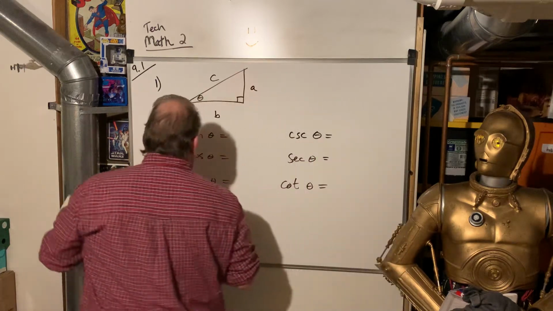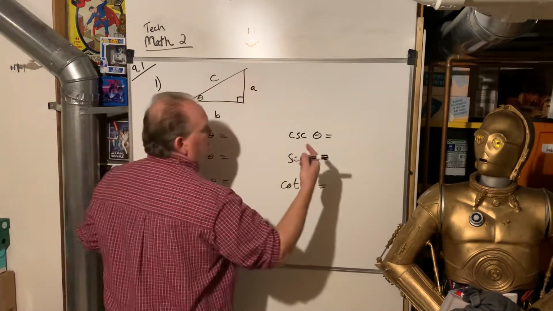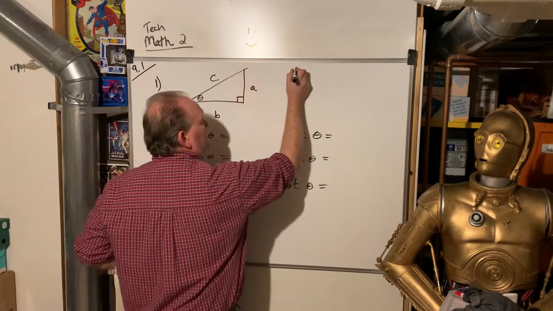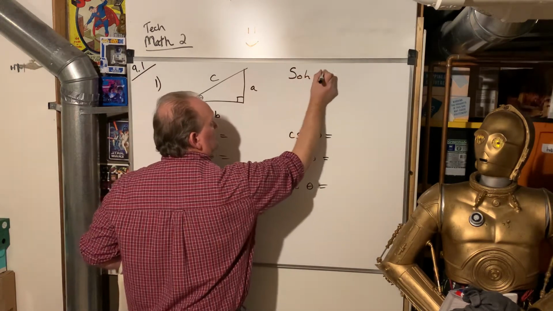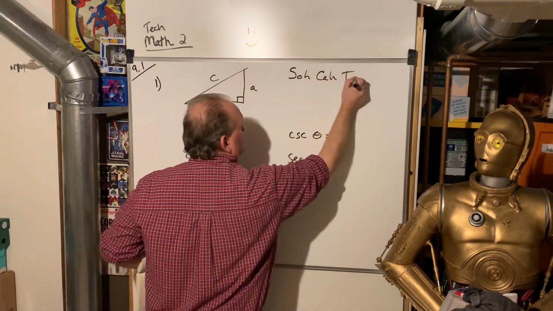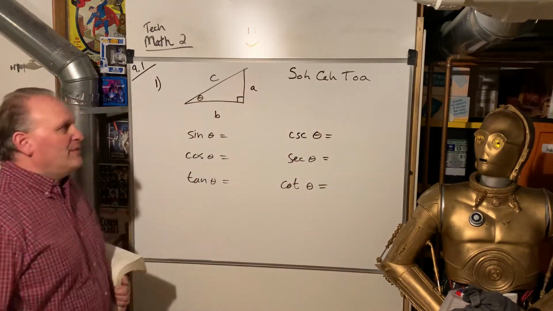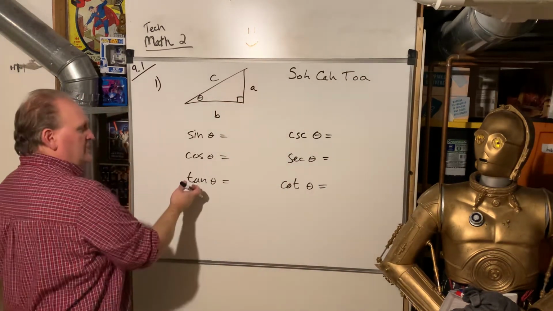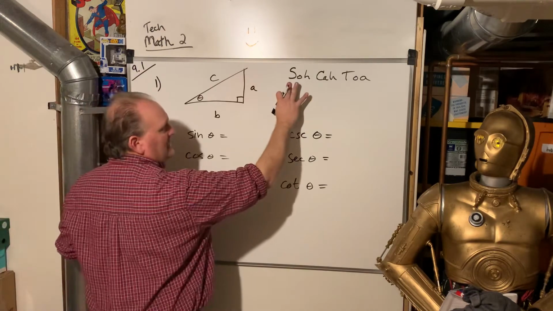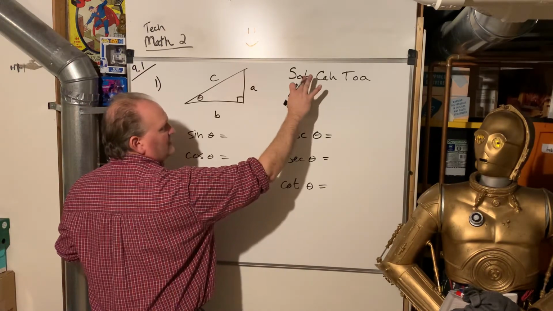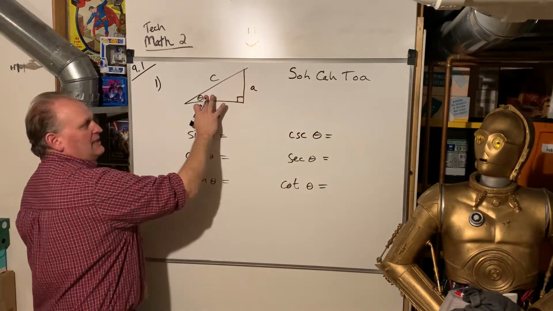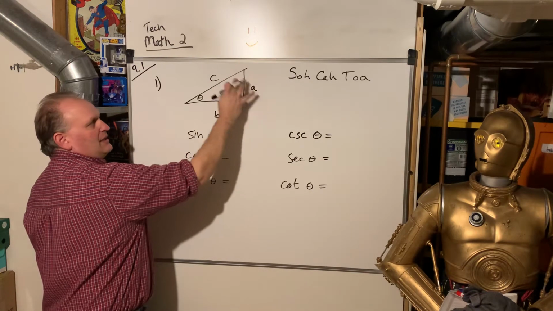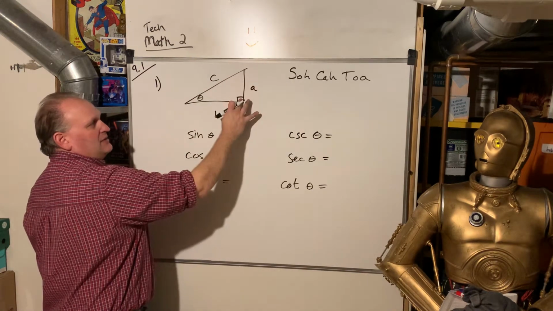All right? And so, there's that mnemonic device, SOHCAHTOA, that is a way to memorize these three functions. So sine is opposite over hypotenuse. So when you look at it, here's theta, opposite is right here, and hypotenuse is always the side opposite the 90-degree angle.